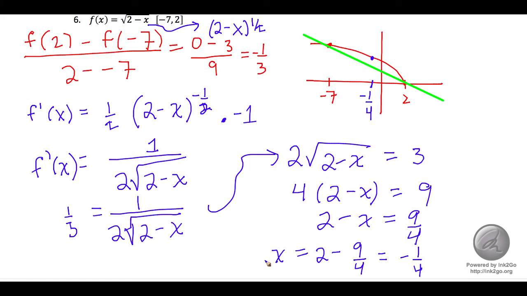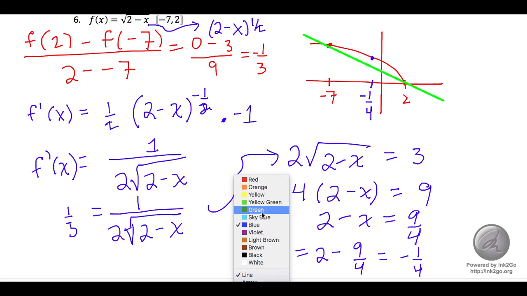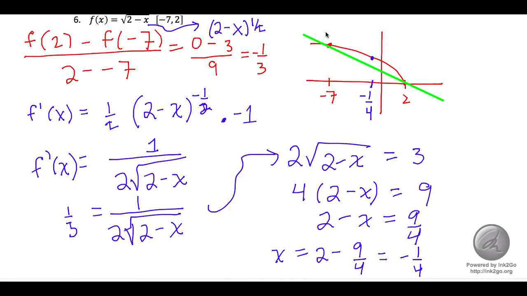I am not drawing to scale at all, but hopefully you get the idea that I would have a line whose instantaneous rate of change would equal, let me do a better picture of that here. So I would get a line whose instantaneous rate of change is exactly equal to the average rate of change.